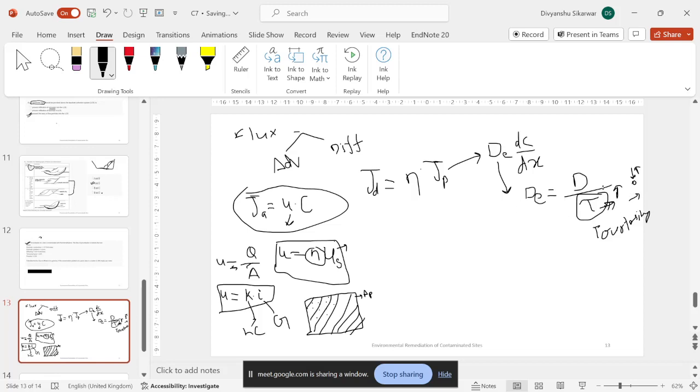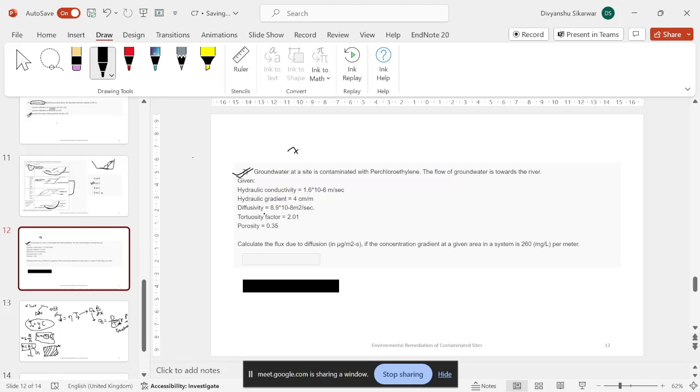Okay. These are the formulas you will require for the calculation of flux for diffusion as well as advection. This is the data given, and based on that data you can find the answers. First it is asked to find the flux due to diffusion. You write these values, and if you want to see the formula, you can tell me to change the slide.